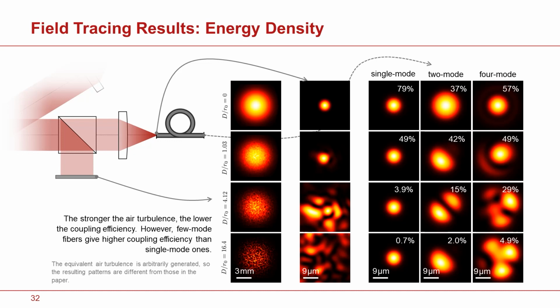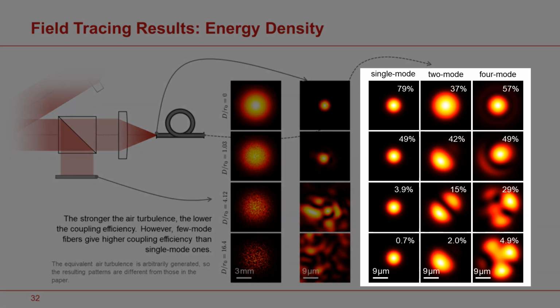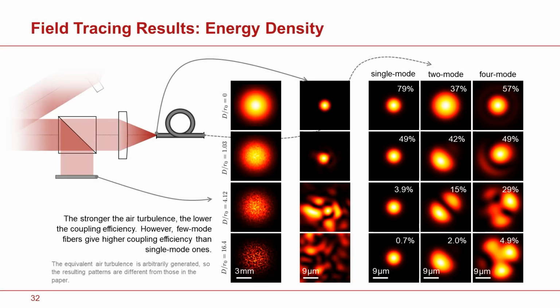So this is what reaches that input position, that entrance position to the fiber after being focused by the lens. The scale of the result is indicated at the bottom row. And then as we move to the 3rd to 6th columns, we find the results after the light has propagated through the fiber, the 500 millimeters of the fiber.